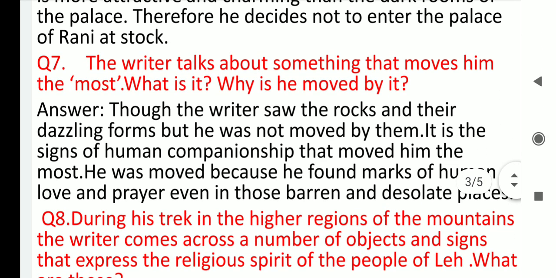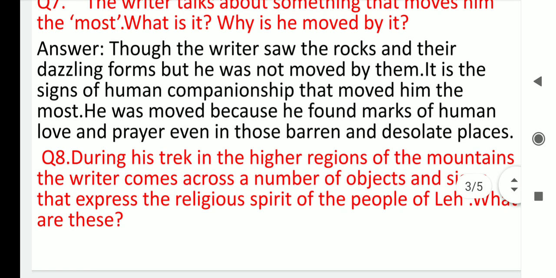Question number 7. The writer talks about something that moves him the most. What is it? Why is he moved by it? Answer: though the writer saw the rocks and their dazzling forms, he was not moved by them.